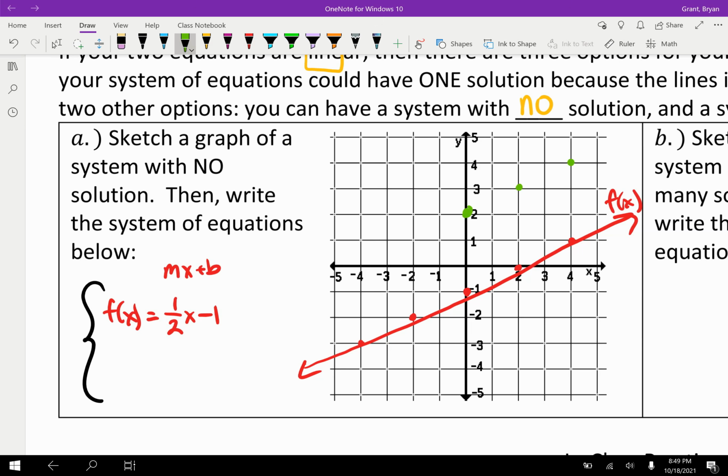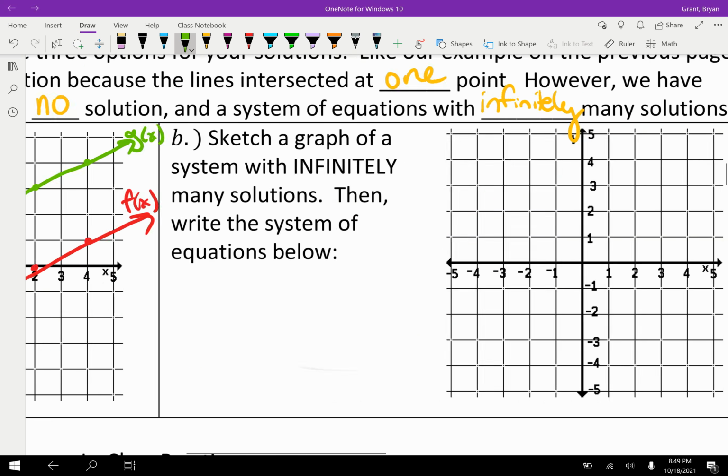So I'm going to go up and down at the same rate as the first. And there we go. This second line, just to tell the difference, I'll call g of x. Let's write the equation. Okay, g of x has that same slope, but then a y-intercept of +2. Easy enough.